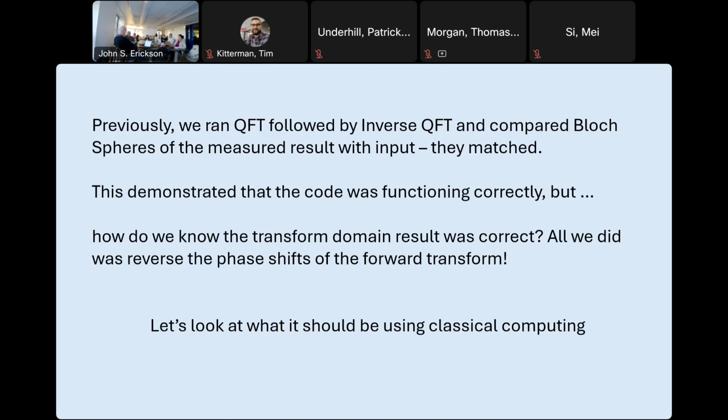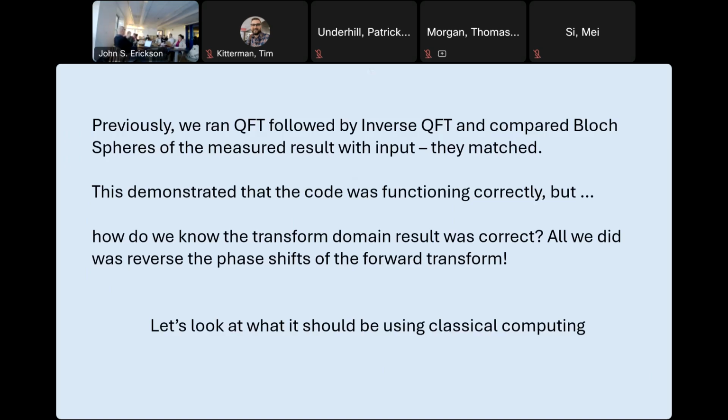But how do we know that it actually did the transform correctly? All we know is the code performed correctly frontwards and backwards, but is that the correct code initially to do the transform? You really don't learn anything from their little lesson here.